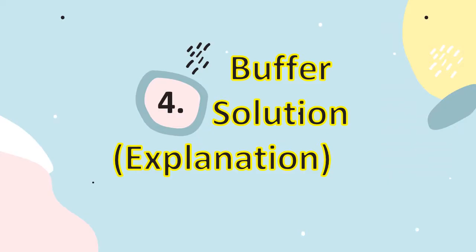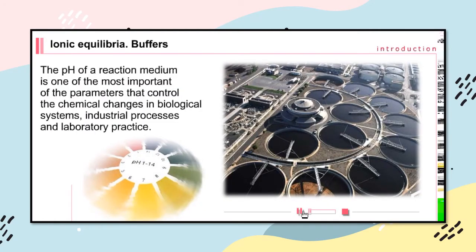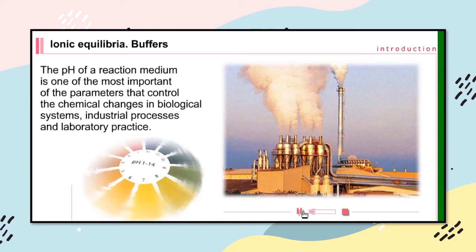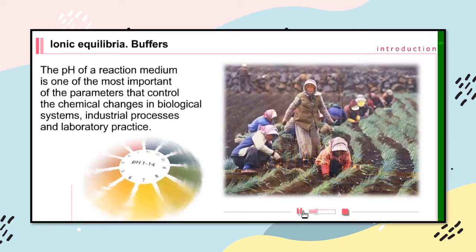This video is focused on buffer solution explanation. The pH of a reaction medium is one of the most important parameters that control the chemical changes in biological systems, industrial processes, and laboratory practice.